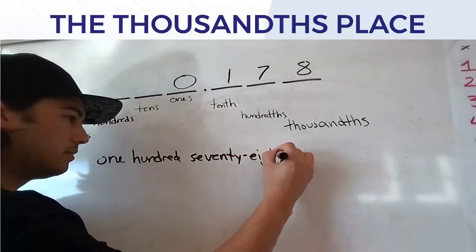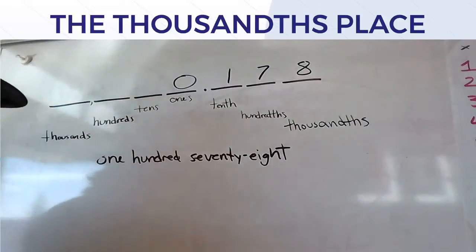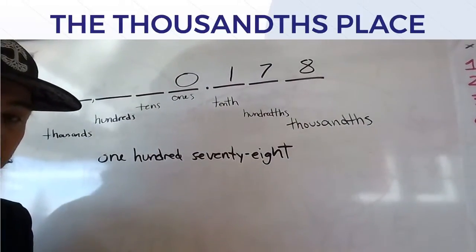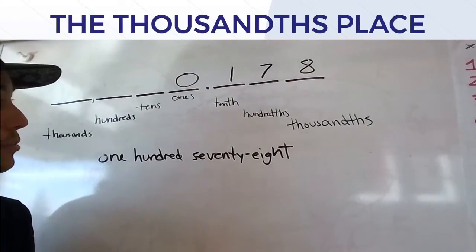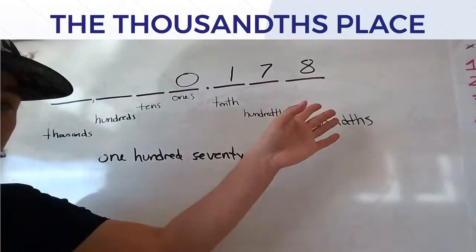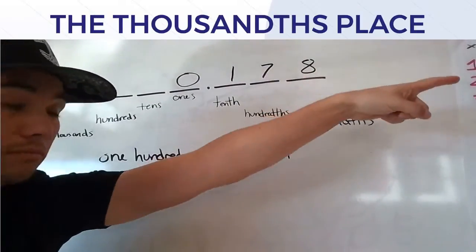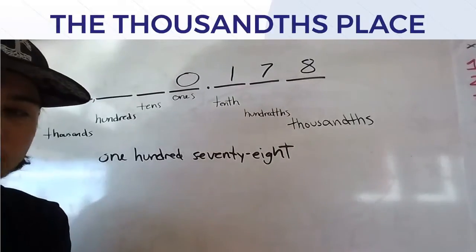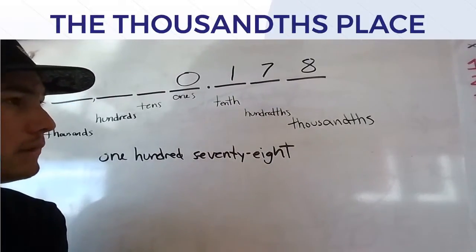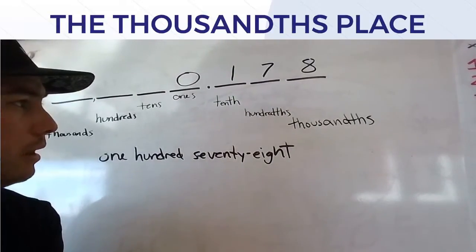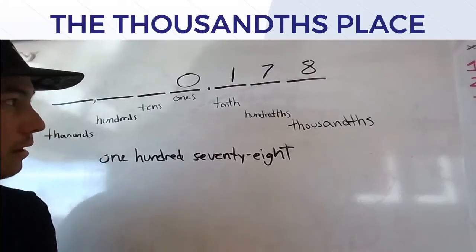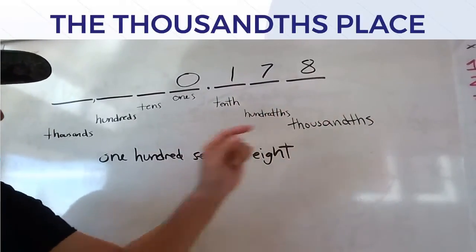178. And then, what's the furthest place that that decimal gets to? Remember, there's an infinite number of places to the right. We just don't have any value there, so we don't need to worry about them. They're there only if we need them. This one goes all the way to the thousandths place.